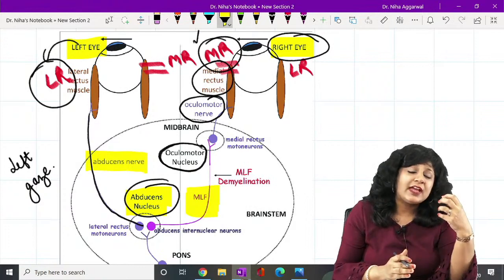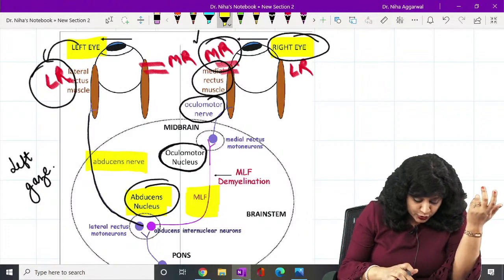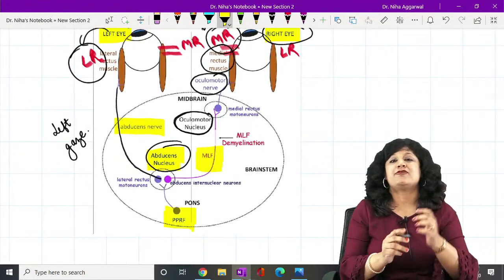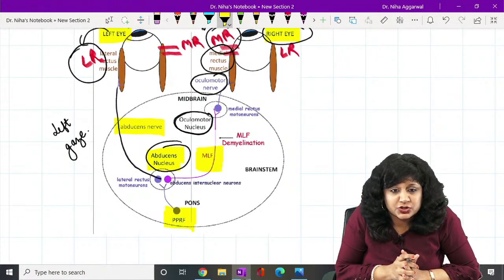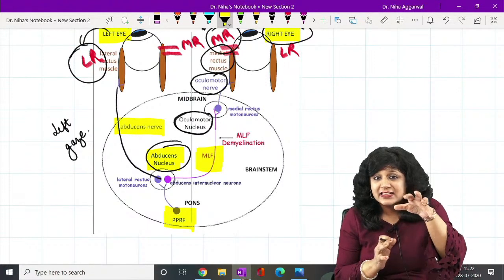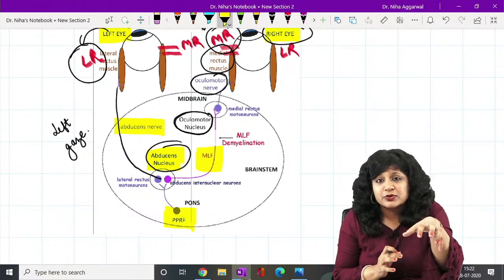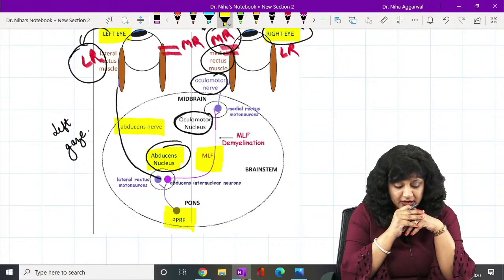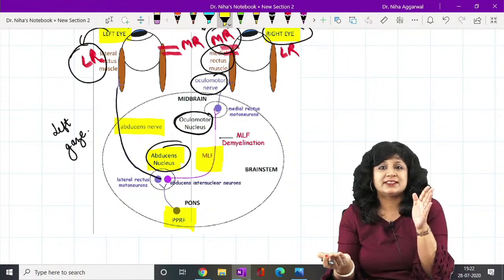Now, how do we get innervation for the gaze? This innervation comes from the PPRF, the parapontine reticular formation. It sends innervation to the sixth nerve nucleus, as well as to the third nerve nucleus of the opposite side.